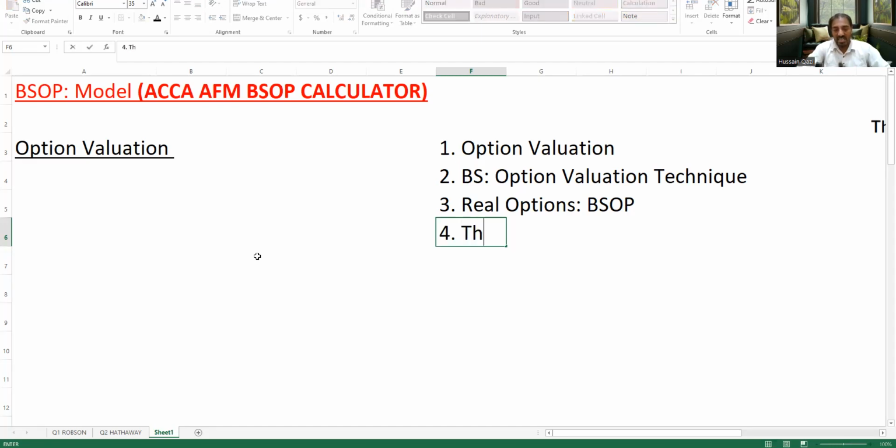Number four, the theory about the assumptions, for example, assumptions of BSOP and assumptions of real options.